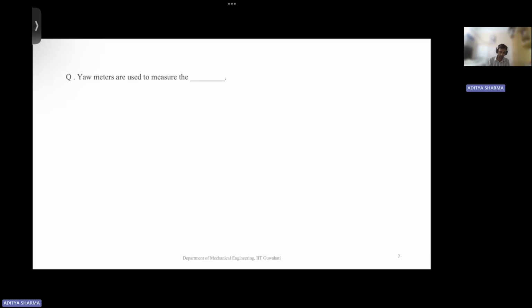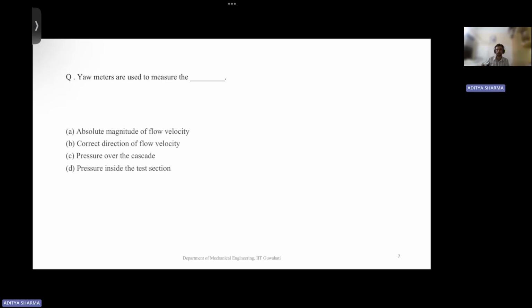Then yaw meters are used to measure, the four options are there. This has been discussed in lecture number 38.